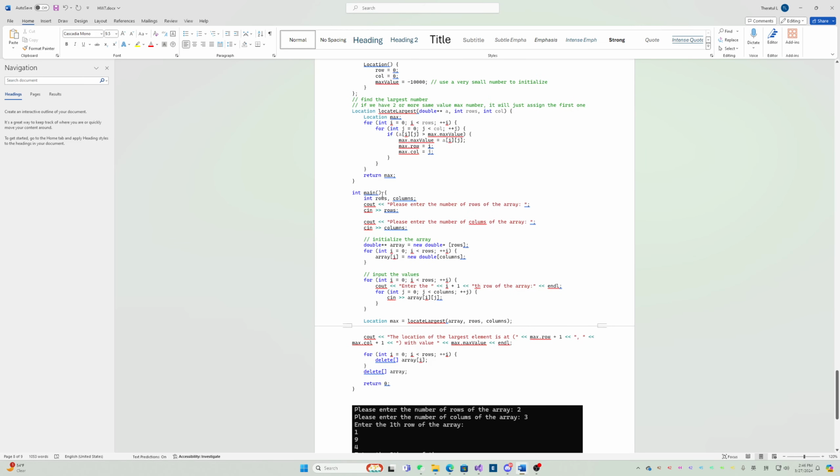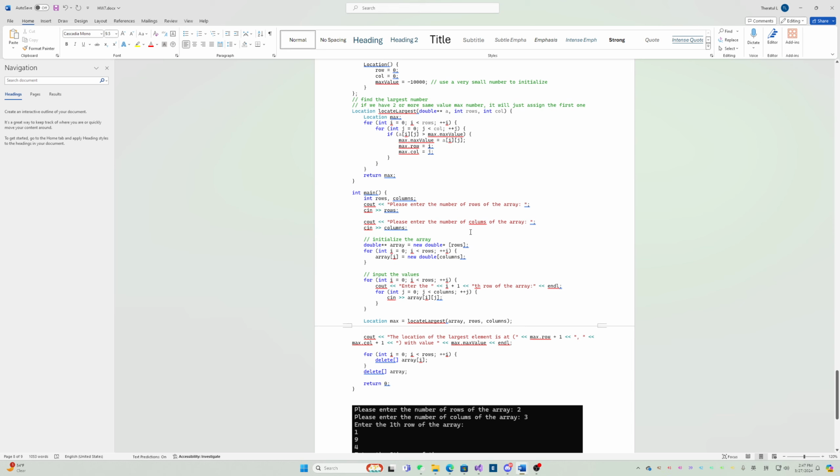Here first we input the rows and columns to initialize the array. After we have the rows and columns, we just initialize the array, and then we input values to the array. And for the array, here I use i+1 because when computers save the numbers into an array or list or whatever it is, it's from 0.